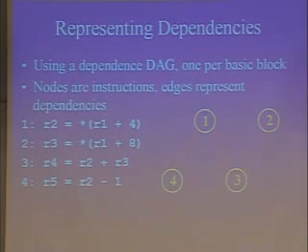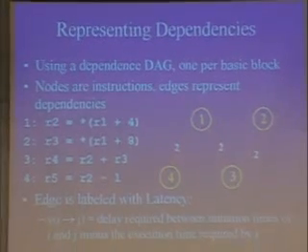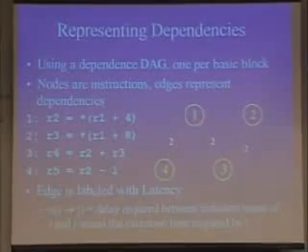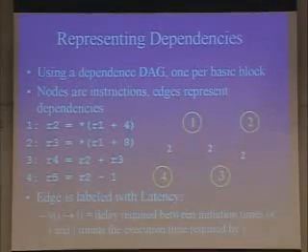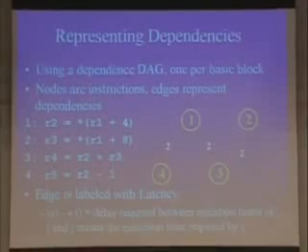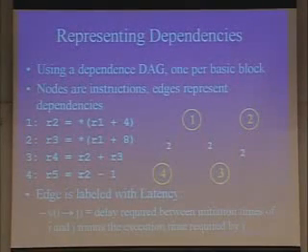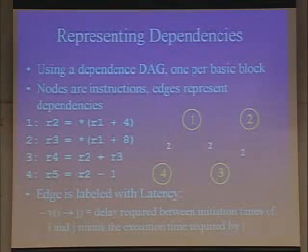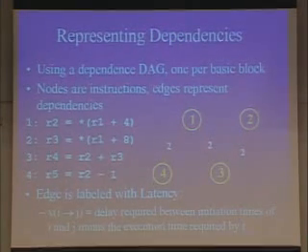Okay, is this clear? The one thing you do in this one is we put a latency number on each of these edges. The latency number says if the first instruction starts at time 0 or clock 0, what is the earliest clock that you have to delay the next instruction so that there's not going to be any stall.